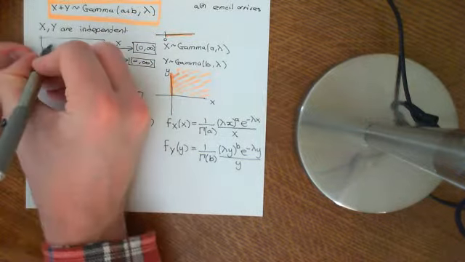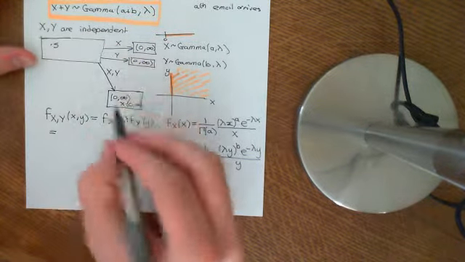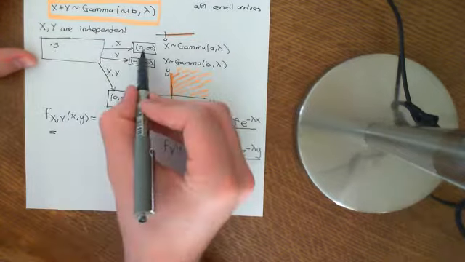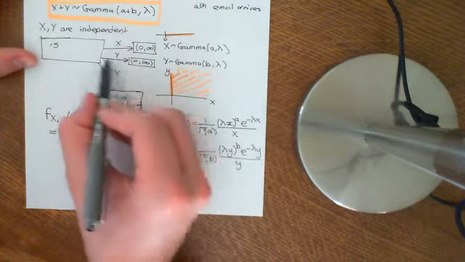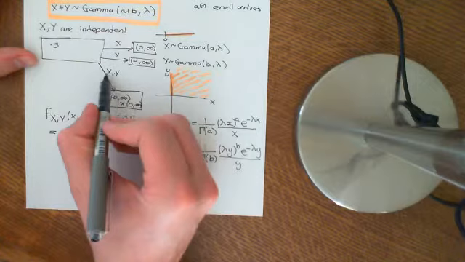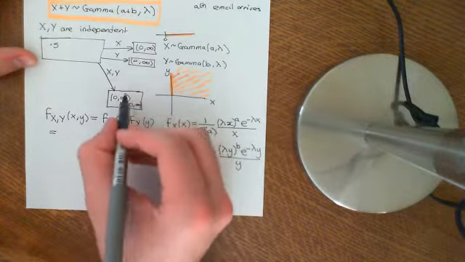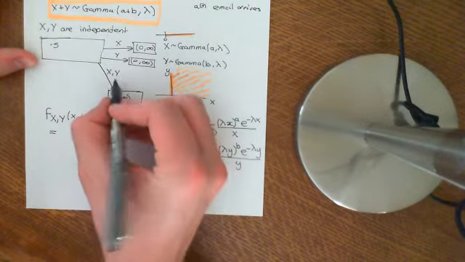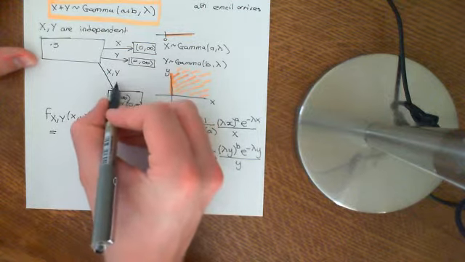So remember, every outcome in this abstract probability space is ascribed an x value by this function x and ascribed a y value by this function y. This joint random variable is just describing an ordered pair.